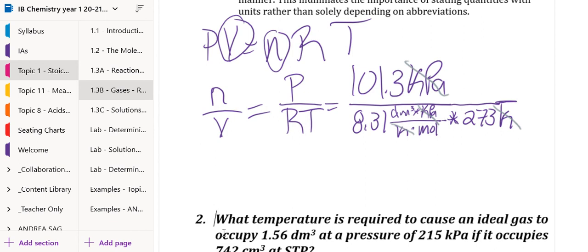Then I put the fraction on the line. Okay, so n over V equals, let's do 3 significant figures, 0.0447.